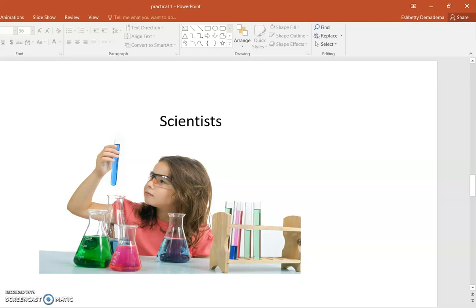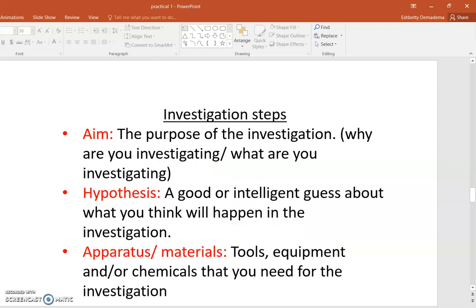So that's how scientists get to conclusions. That's how they find solutions to problems, by sitting down and following certain investigation steps in order to find a solution. So these are some of the steps that the scientists follow.